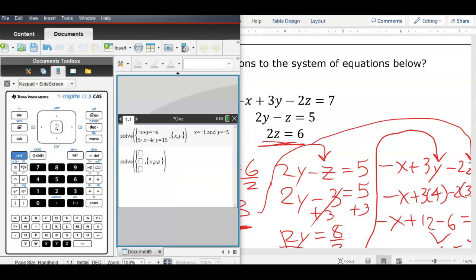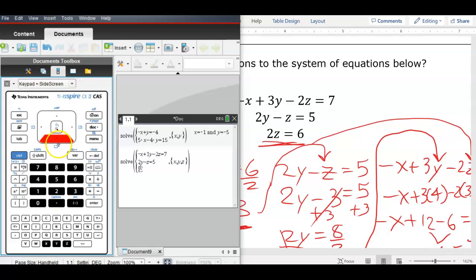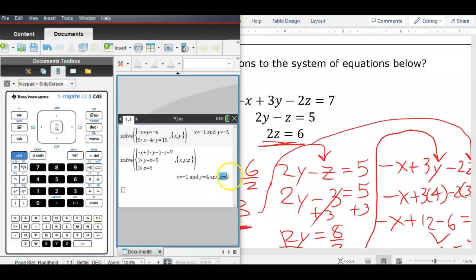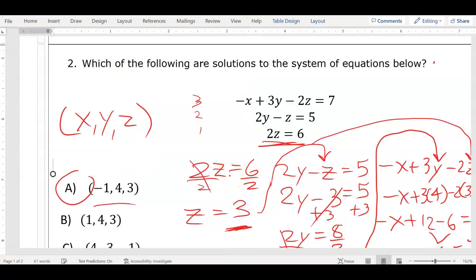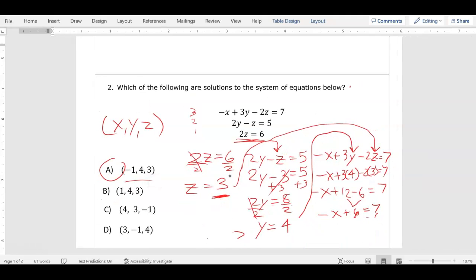Okay, and now you can type them in. I get negative 1, 4, 3, which is what I got here. So again, menu 3, 2, you just gotta make sure you click 3 equations.